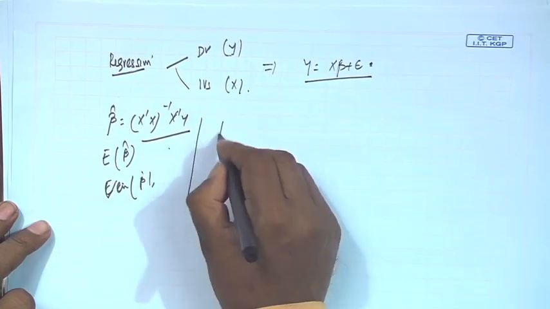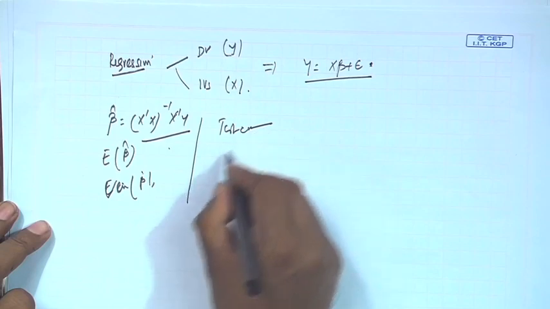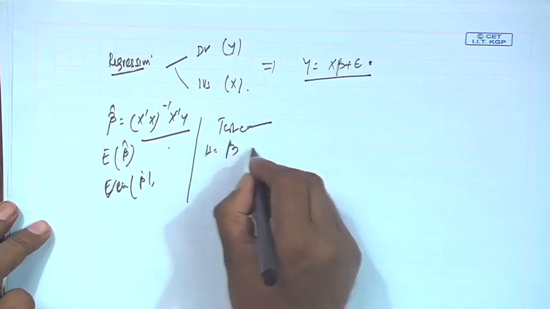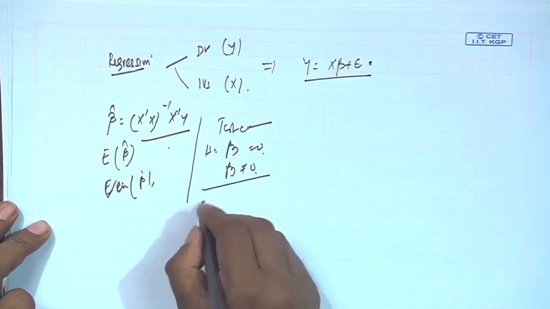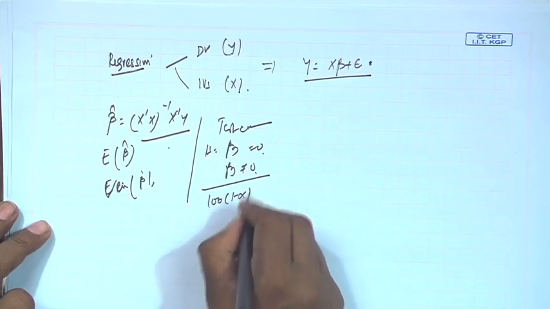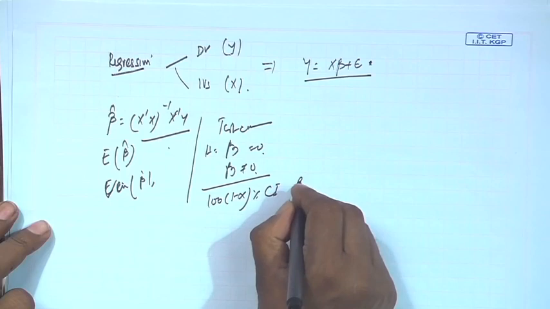Then we tested H0: beta j equal to 0 against beta j not equal to 0. We also found the 100 into (1 minus alpha) percent confidence interval for beta j.